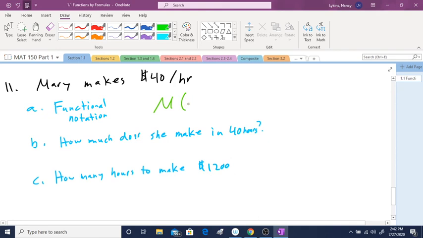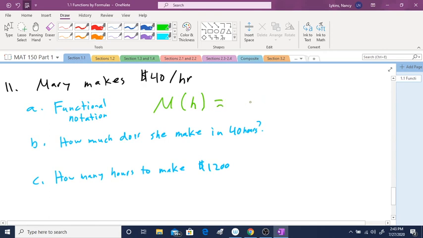So you can use M of T if you want to. I'm going to use H for the hours, because usually we use T or X and Y.